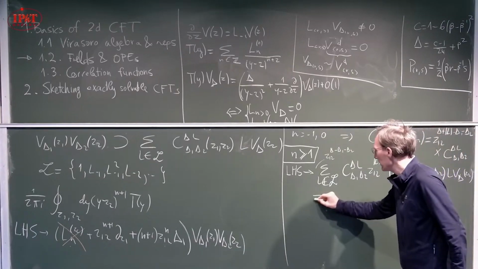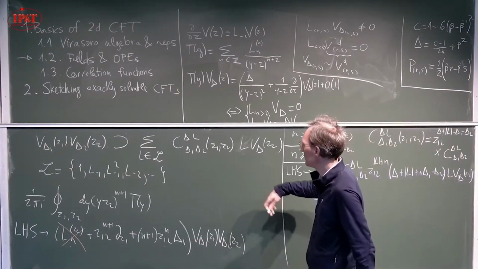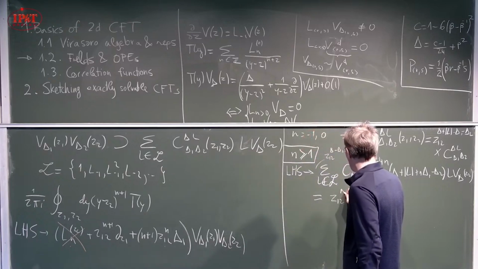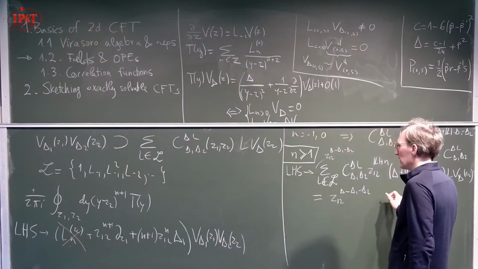And that's supposed to be equal to our right-hand side, which also has the same prefactor now, z12 to the delta minus delta 1 minus delta 2, times the sum.